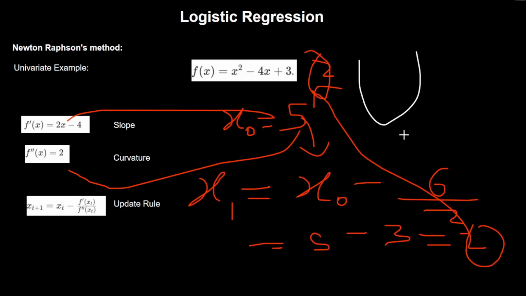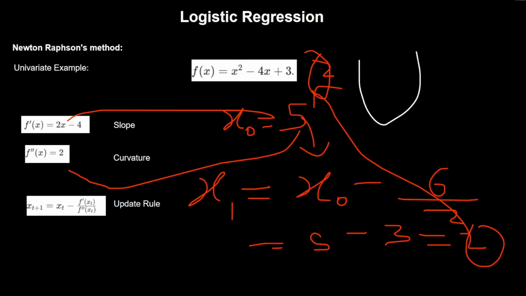That's how powerful this Newton-Raphson method is, because here you can see that the model converges in just one step and we found the exact minimum. Even by starting with a poor guess, like a random guess, this method was able to find the exact minimum in a single step. This happened because the function we chose here is a perfect parabola, and the second derivative, which is the curvature, is also a constant.